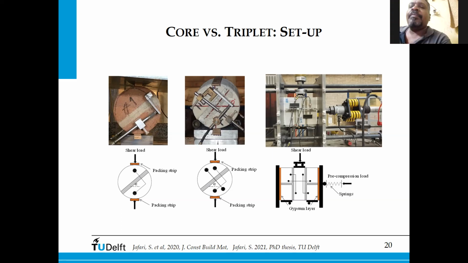In our experience, when we tried such a mechanism, we found a significant increase in the pre-compression, about 500%. Initially the pre-compression was 200 kg, and it rose up to 1 ton. So in our experience, we felt it is better to go for gravity loading for pre-compression.